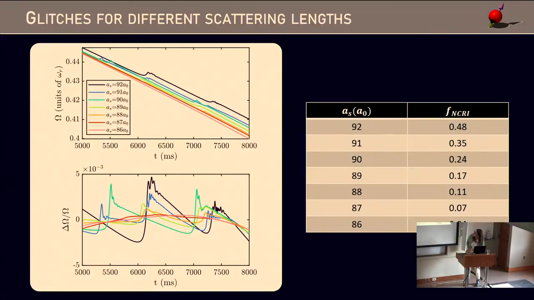I have other results here for different scattering length, but for example, here the time scale is much longer than this. So yeah, it's not. Yeah, exactly.